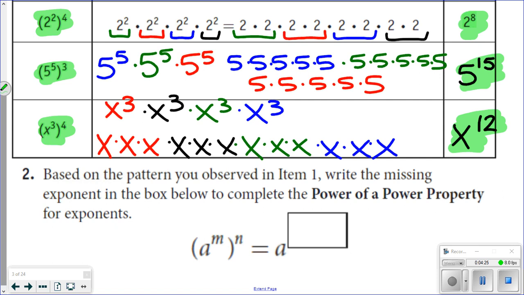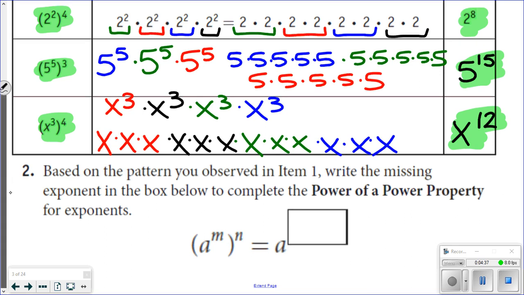We're multiplying. 2 times 4 is 8. 5 times 3 is 15. 3 times 4 is 12. So in this little box, a to the m raised to the nth power is a to the m times n. M times n. That's the power of a power property.